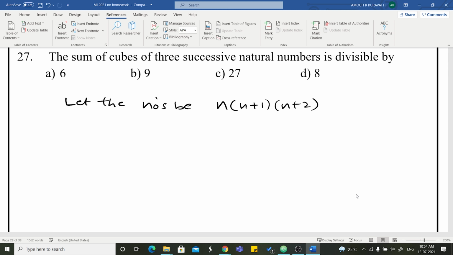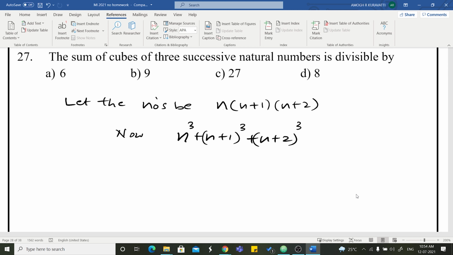See, there is an order: take n is 1, then 1 plus 1 is 2, 1 plus 2 is 3, like that. This is successive natural numbers. Now according to the question, the sum of cubes: n cube plus n plus 1 whole cube plus n plus 2 whole cube is divisible by which number?